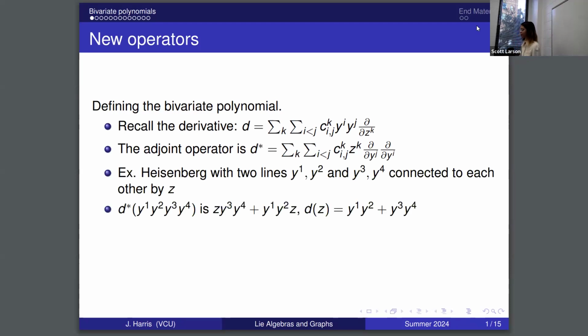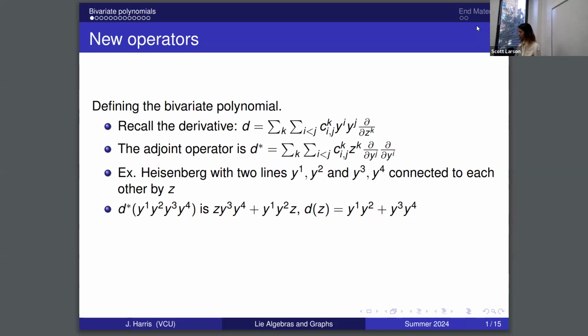If we want to see these operators in action, we can put it through this polynomial, which is from the Heisenberg two lines, and you can see that since y1, y2 is a line, it'll end up bracketing to that z when you put it in through d star. Same thing with y3 and y4, it'll end up bracketing that z. We're going to have a linear combination of them both.